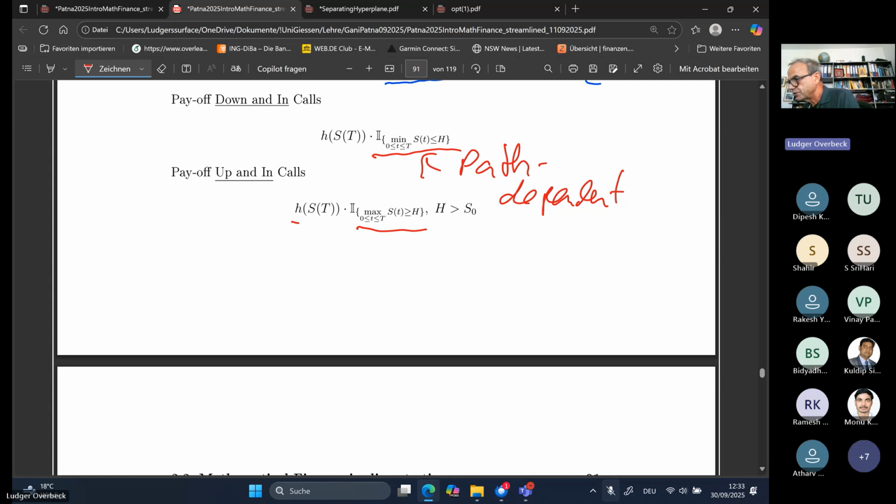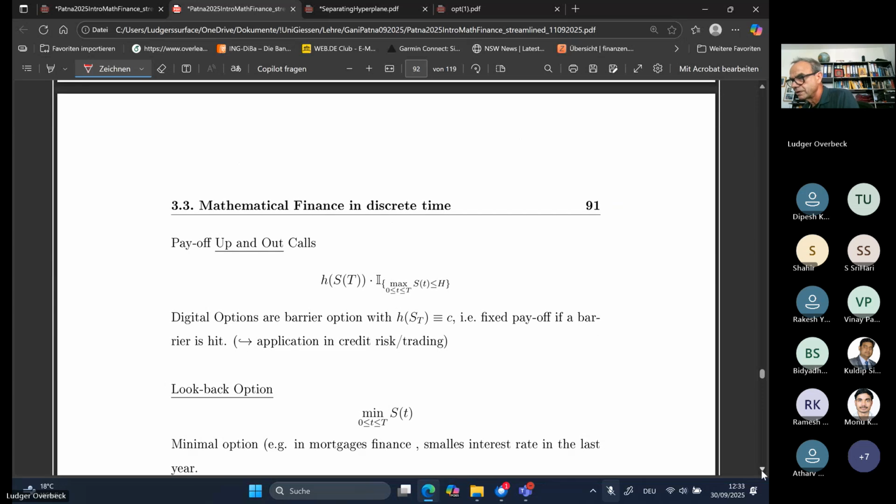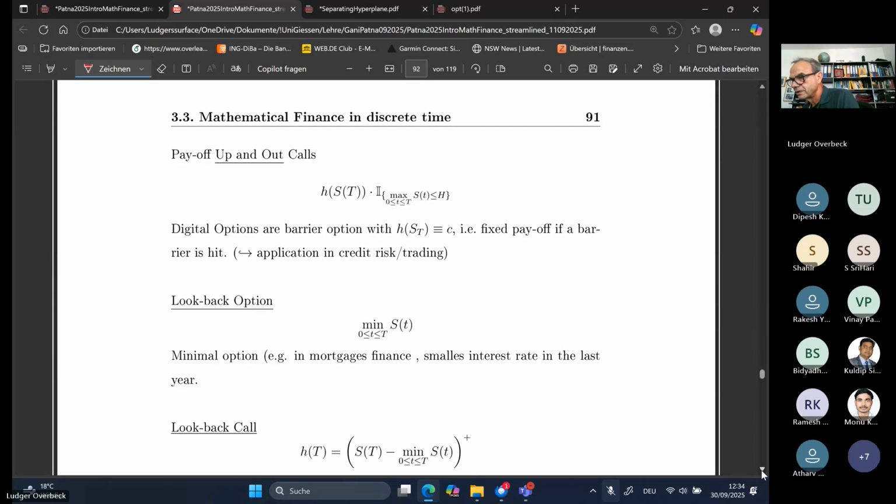Then we have digital options here, because there was a market of digital options. Now, for example, your payout is a constant C. You say, okay, if the BioNTech equity share stays below 500 until the end of 2026, I want to have 10 euros.